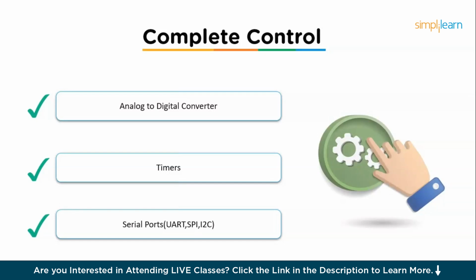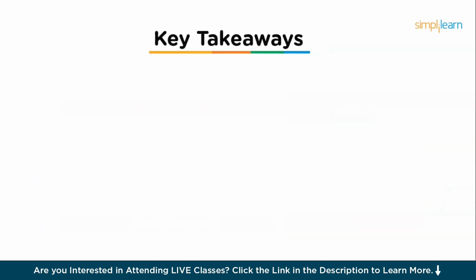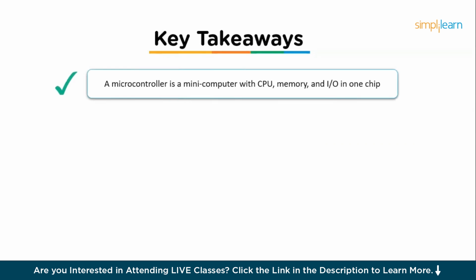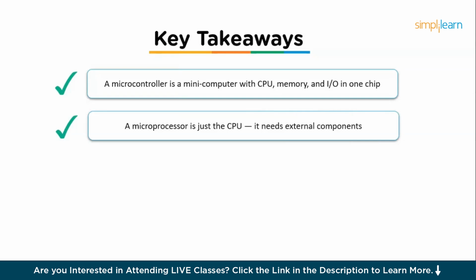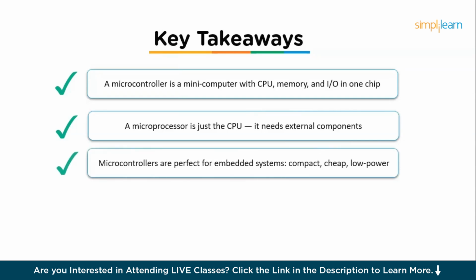So we have certain key takeaways. Let's recap what we have learned. A microcontroller is a mini computer with a CPU, memory, and input-output in one chip. A microprocessor is just a CPU. It needs external components. Microcontrollers are perfect for embedded systems as they are compact, cheap, and low power.